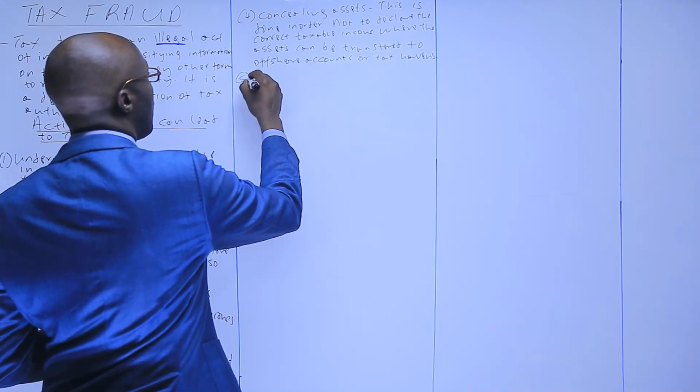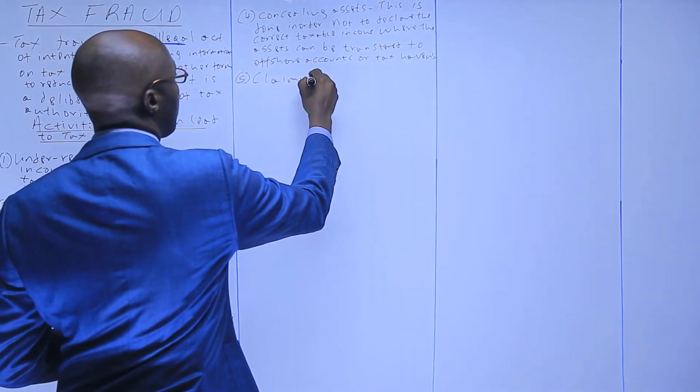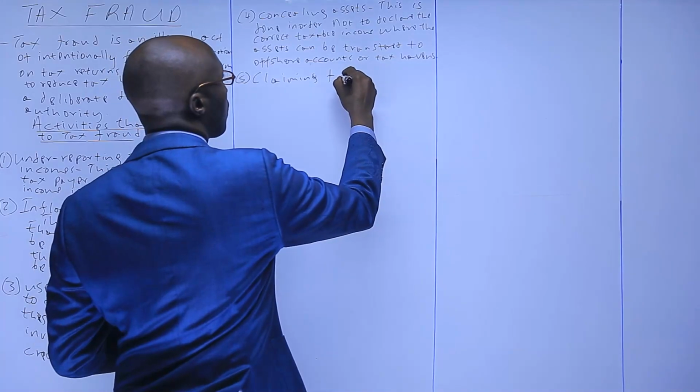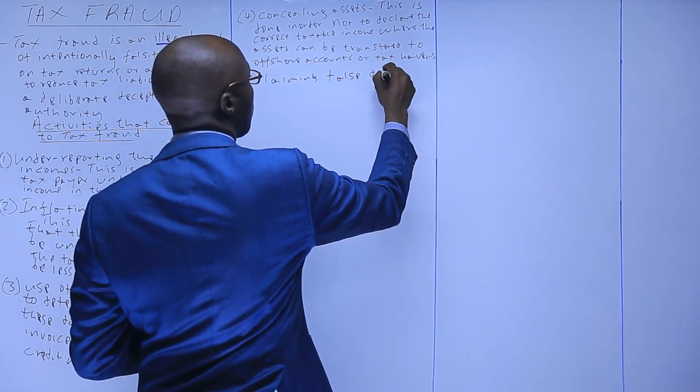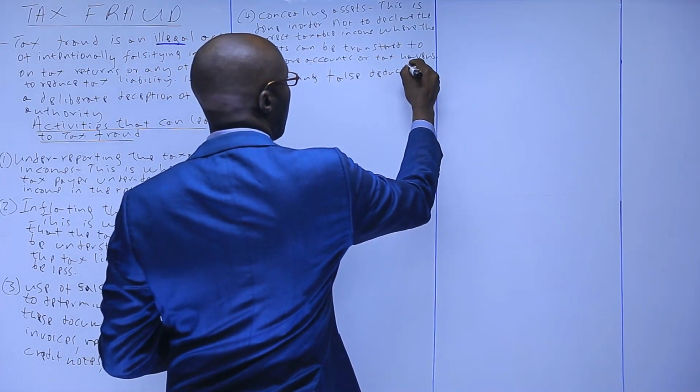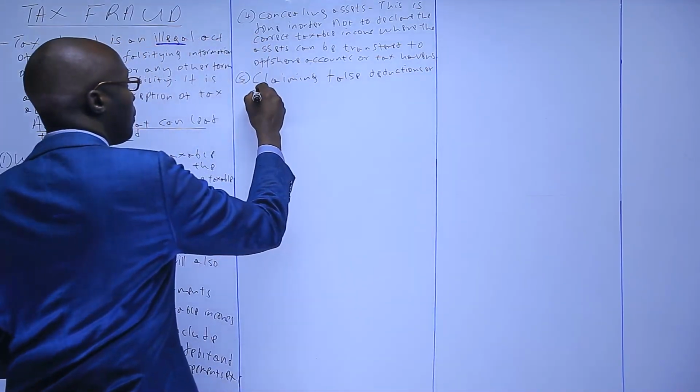Another one that we normally have is claiming, number 5, false deductions or credits.